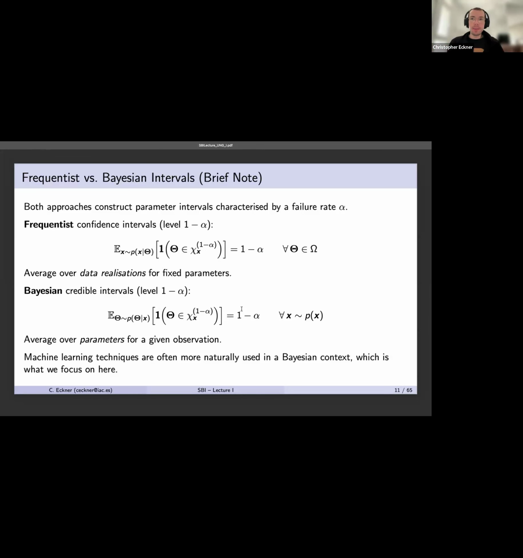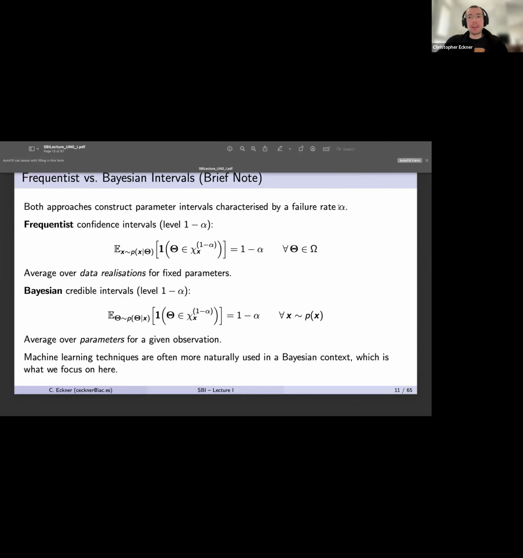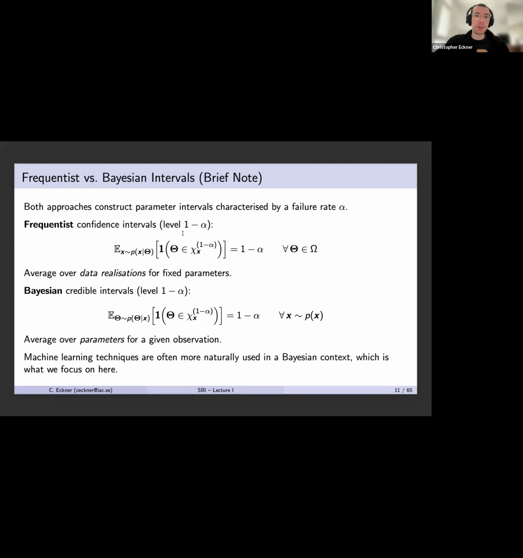So how many times am I wrong if I say with my inference method that the obtained parameters are correct or not? In a frequentist way, you would express this as a confidence interval at the level of 1 minus alpha, where alpha is this failure rate. Let's say if alpha is 5%, then you're 5% wrong, and your confidence interval is 95%. So in 95% of the cases, you should be right.